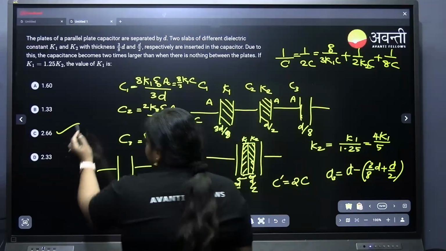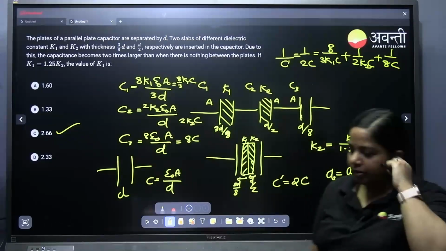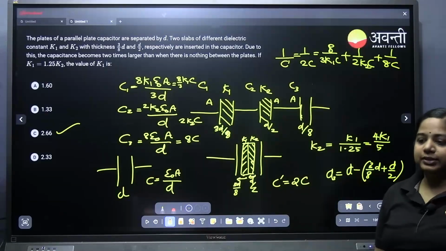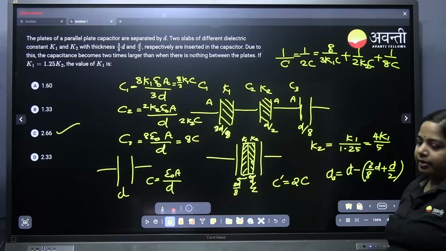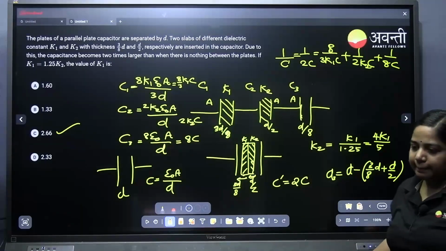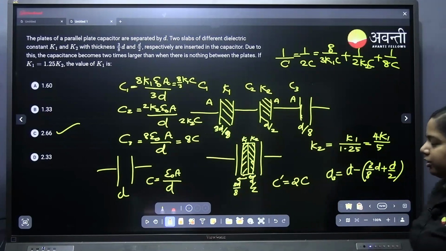Answer is 2.66. When you solve it, you will get answer 2.6. Can we move to the next question then? Is anyone having doubt regarding how we solved this? I guess not. So let's move on.